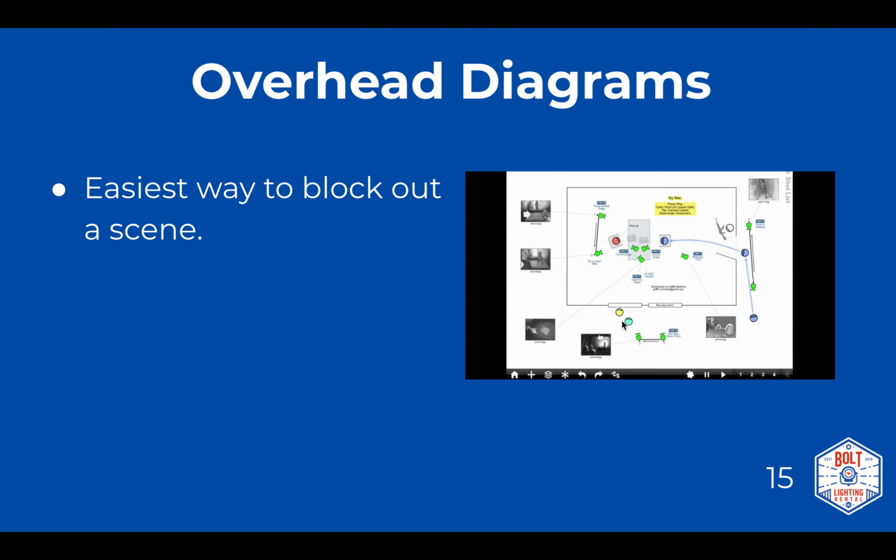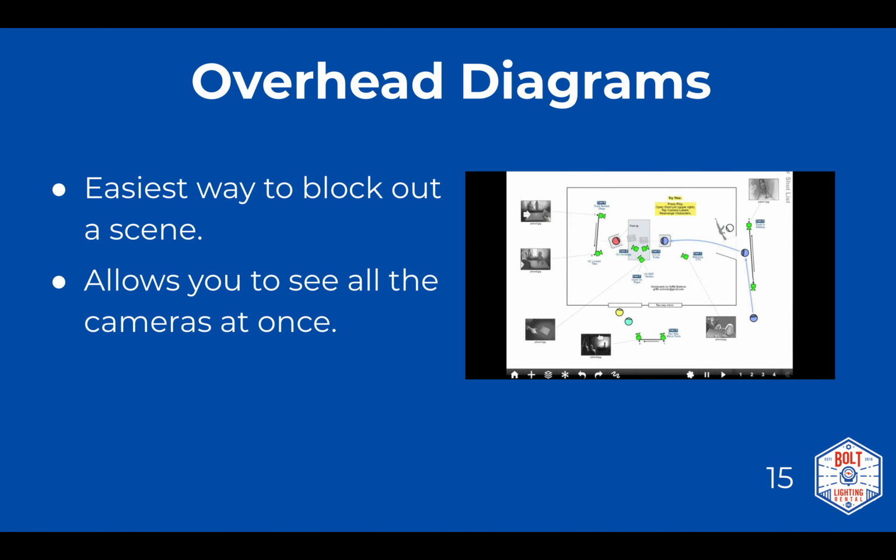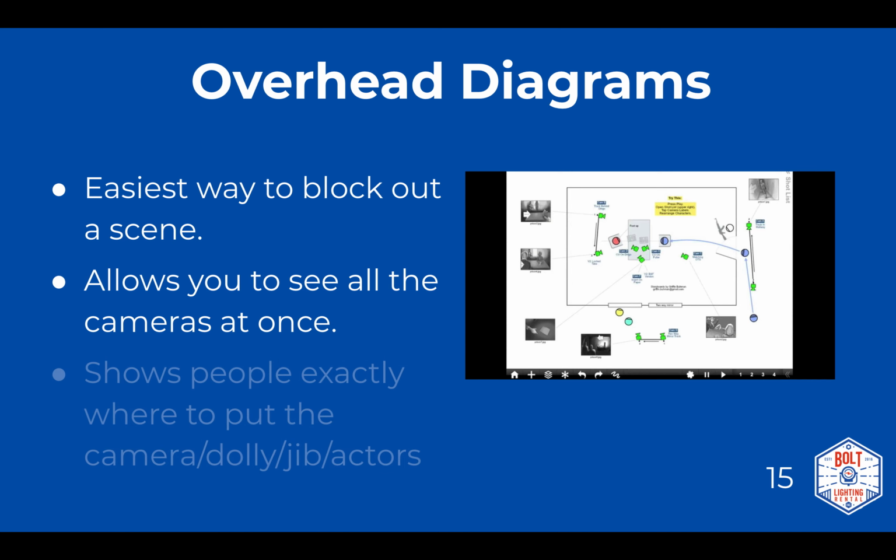So I think this really shows where all the cameras are going. It allows you to see all the cameras at once and get a good idea of where they're all going to go. And it shows people exactly where to put the camera, where the dolly is going to go, the jib, the actors, things like that.